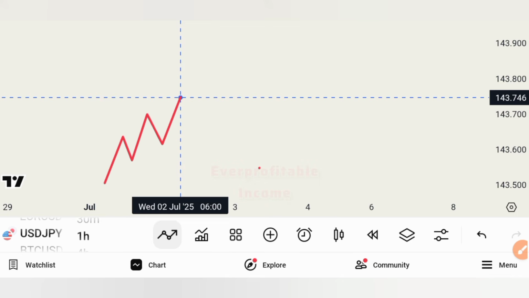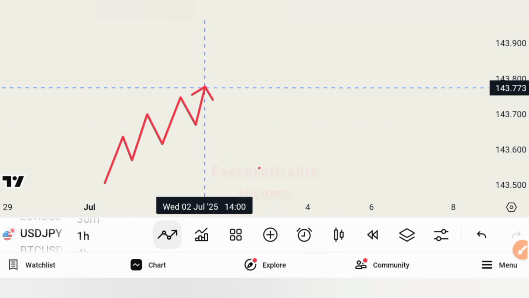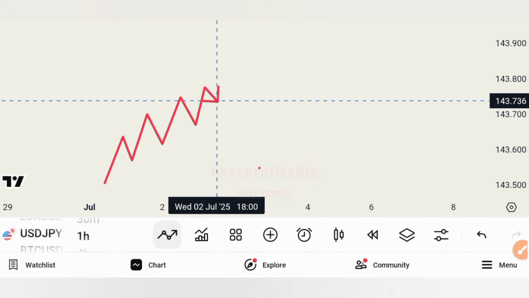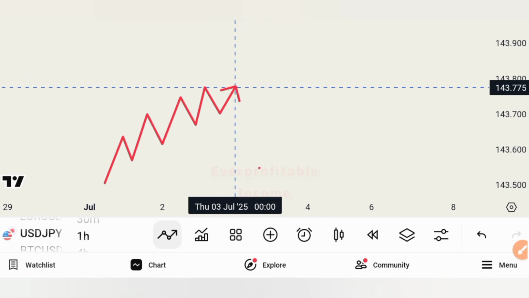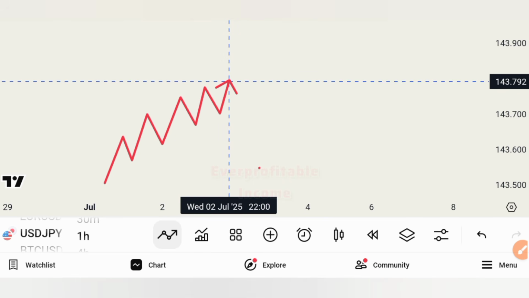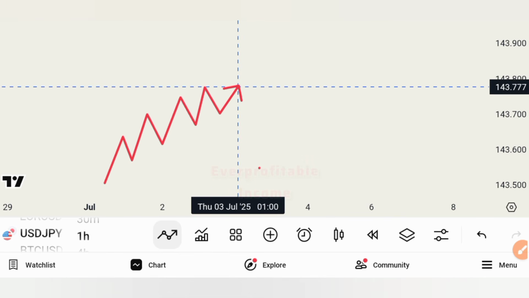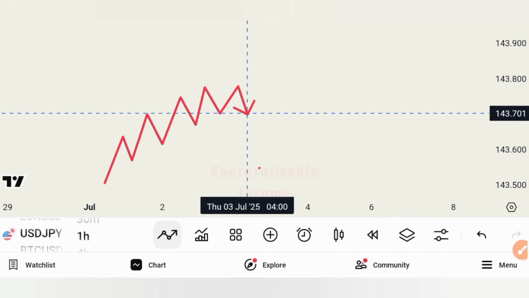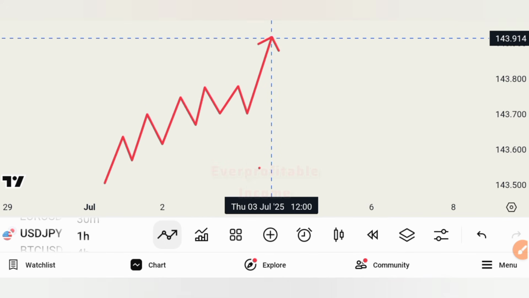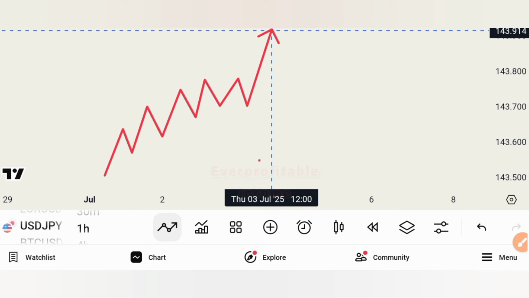And then when it gets here, it fails to make new highs. There's going to be a consolidation here, and then it goes up. Can you see that? It comes breaking up, and then the price spikes up.